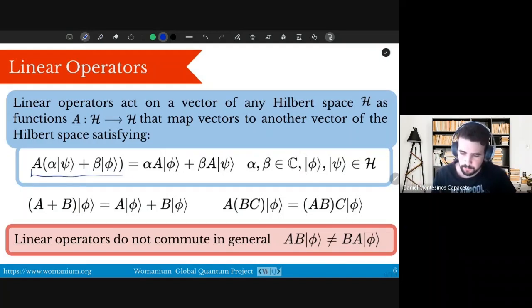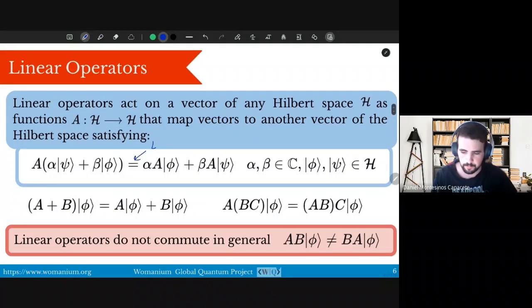So if you have your operator A acting on a general linear combination, you can decompose the sum in two terms, and also take out the complex numbers. This is the linear operator, basically the same as we were discussing before, for any complex number and for any vector in your Hilbert space.